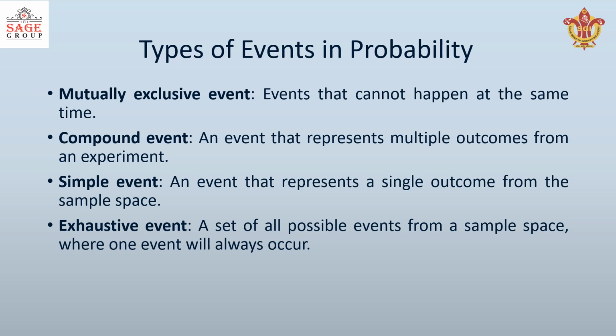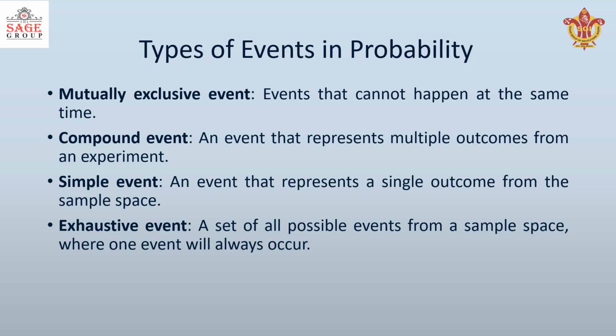Simple event: an event that represents a single outcome from a sample space. Suppose we are tossing a dice and we are looking at the probability of the event of getting a 6. Then this is a simple event. Next, coming to the exhaustive events.